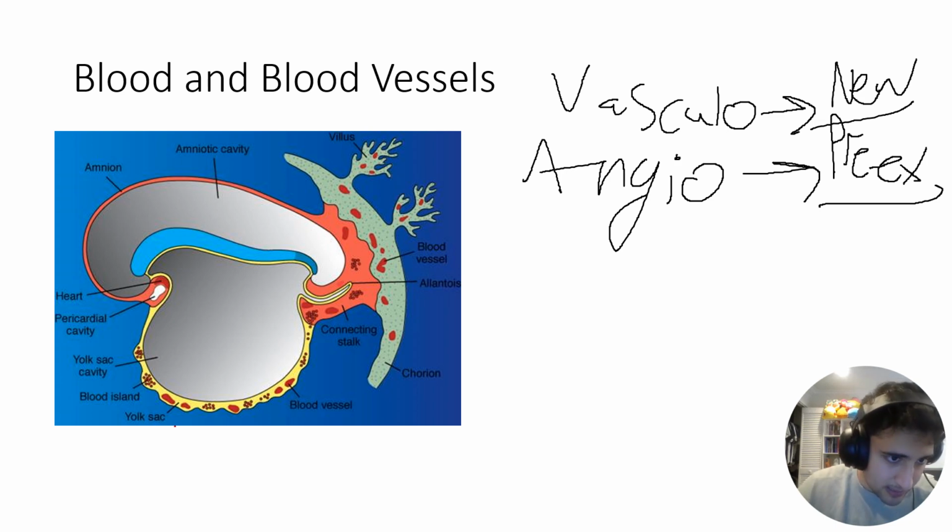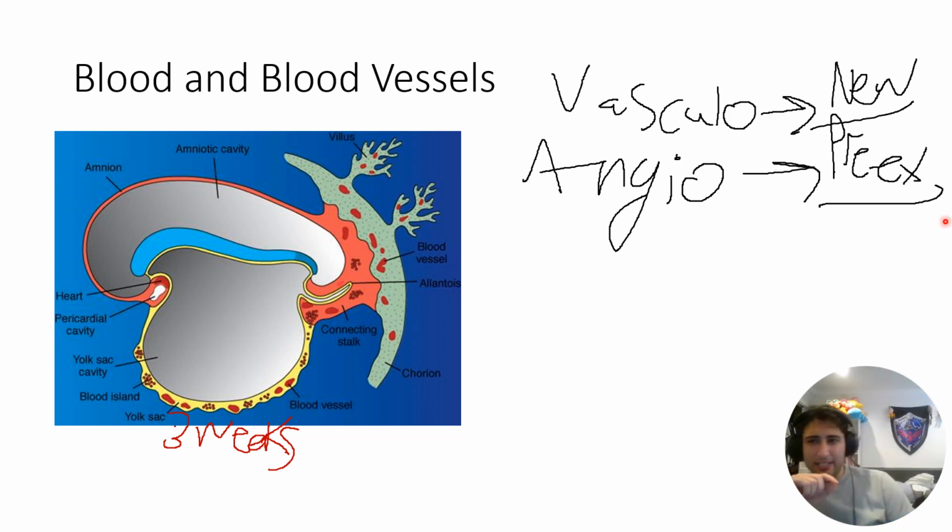Now, these islands are going to arise from mesoderm cells that were induced to form hemangioblasts. Don't worry about that right now. What I really want you to understand is although the yolk sac is where the first blood cells come from, the definitive hematopoietic stem cells emerge from the mesoderm surrounding the aorta at the aorta gonad mesonephros region.